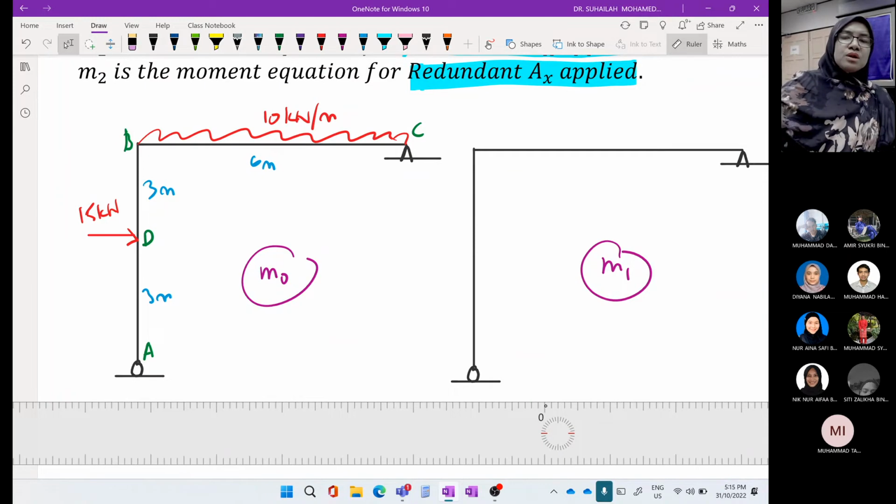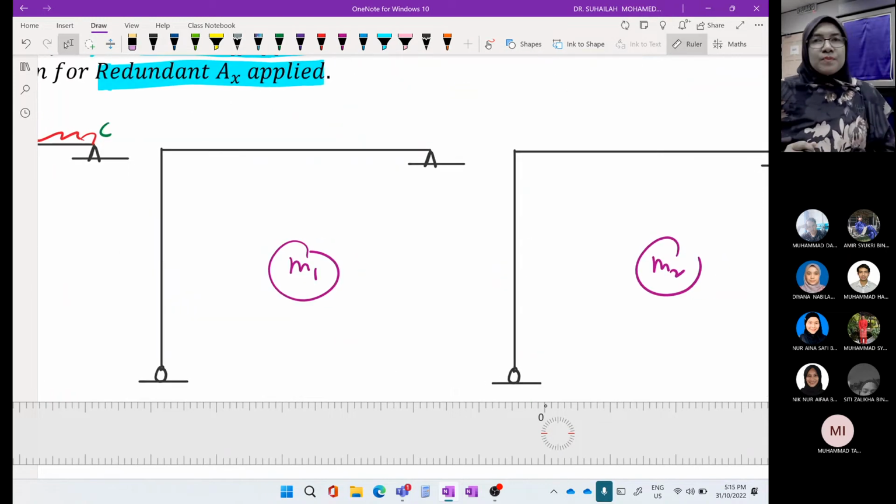Okay, move to diagram number 2. This is redundant MA applied.